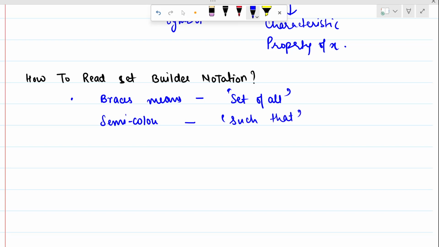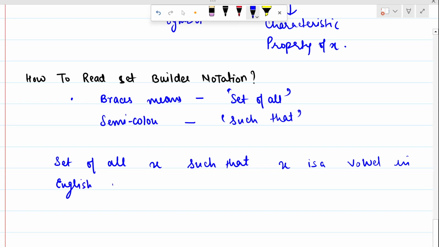So we interpret the above example as follows: set of all X such that X is a vowel in English alphabet. Where set of all is braces and such that is semicolon.